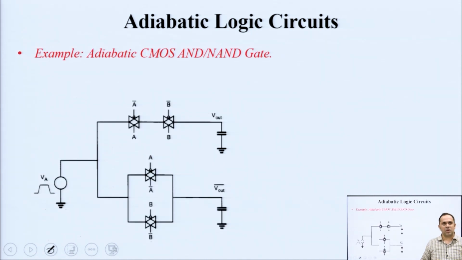So, let us see this example here. This is an adiabatic CMOS AND/NAND gate. This circuit which you see on the top, you have two inputs A and B. A bar and B bar are also available. So, the inputs are available in complemented and true form, right.